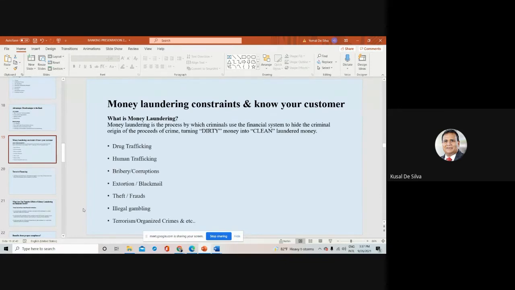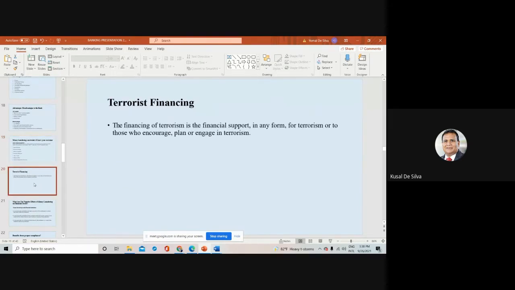Even in your systems, the customer has to be profiled so that anything falling outside his expected or normal income will get screened and raise an additional alert for people to investigate further.